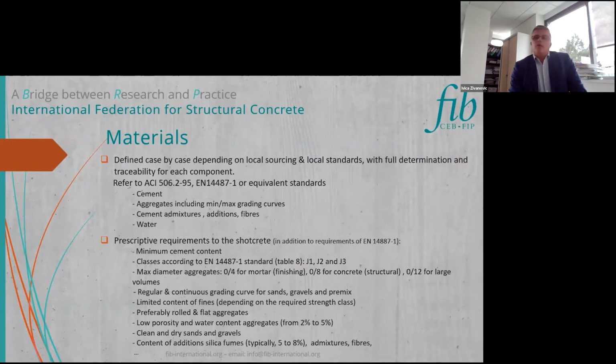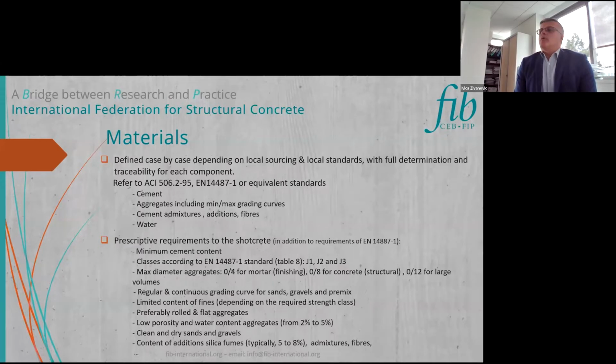In terms of material, they are well classified according to different standards, mainly ACI and EN standards, but there is some equivalence. I put here the most used, related to cement, its aggregates, including min and max grading curves, cement and mixture, additives or fiber if needed, and the water, of course.